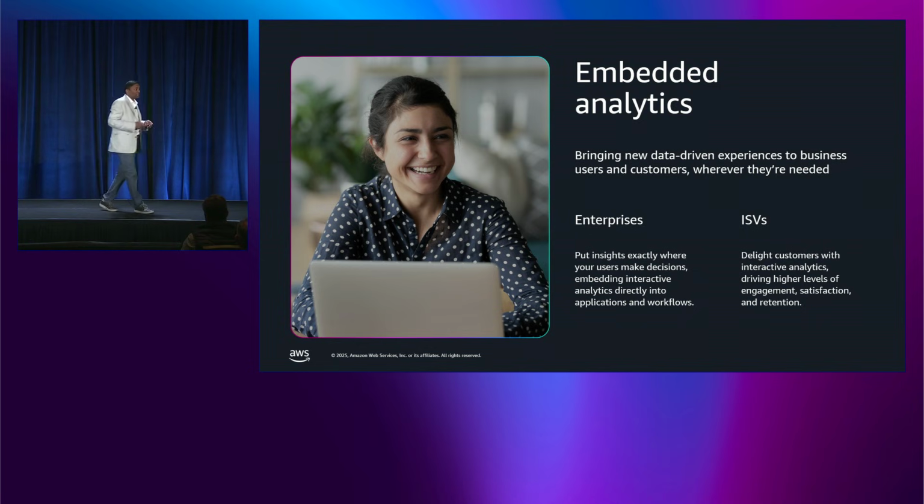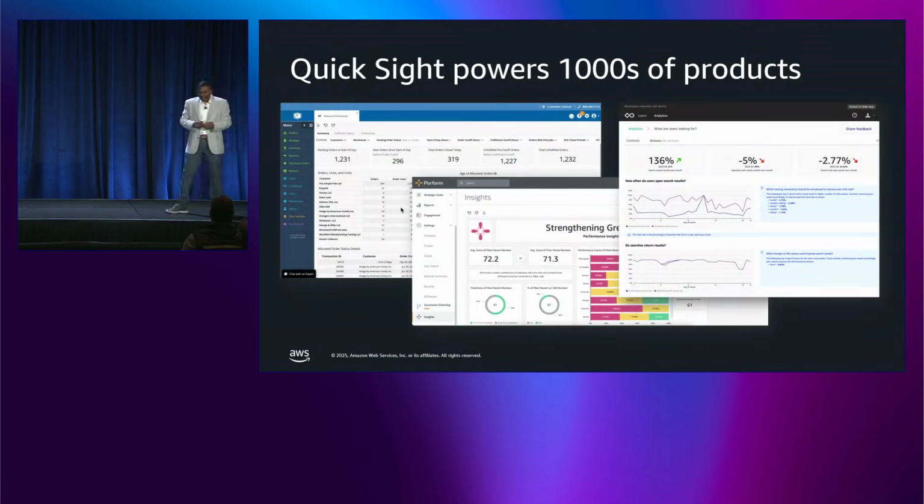And ISVs are supercharging their products by embedding analytics into their offering, and with that, they see higher customer satisfaction, better engagement, and higher retention rates. In fact, today, there are thousands of products that are being powered by QuickSight in the market.